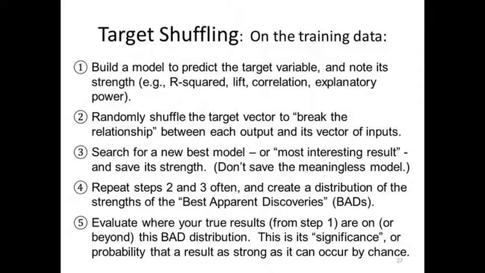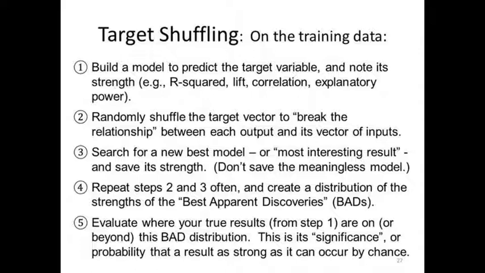Can it find something when something really isn't there? So we build a model as before, and we store its strength. Then we take the target variable, the output variable, disconnect it from the rest of the variables, shuffle it around, and reattach it. Now we know there is no relationship between the inputs and the outputs because we've given everybody somebody else's output.